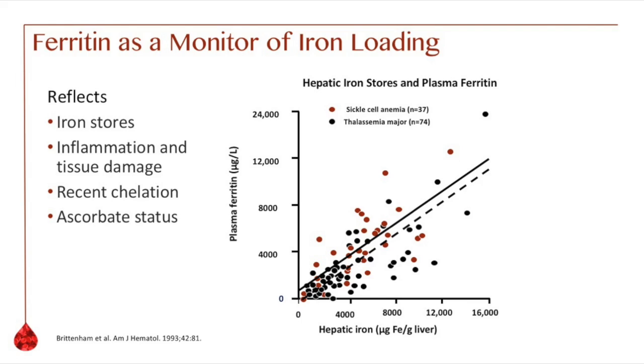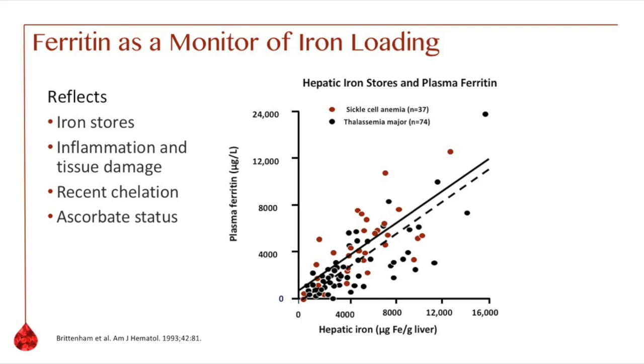In this study of 37 patients with sickle cell anemia, the blue circles, and 74 patients with thalassemia, the white circles, hepatic iron load was measured by non-invasive magnetic methods, and serum ferritin was measured by immunoassay. There was a strong correlation between the plasma ferritin and hepatic iron load for higher plasma ferritin levels.